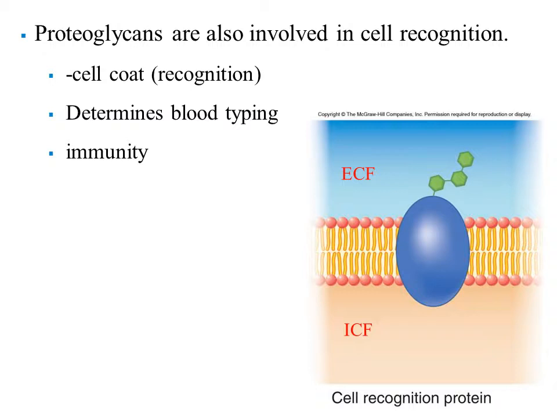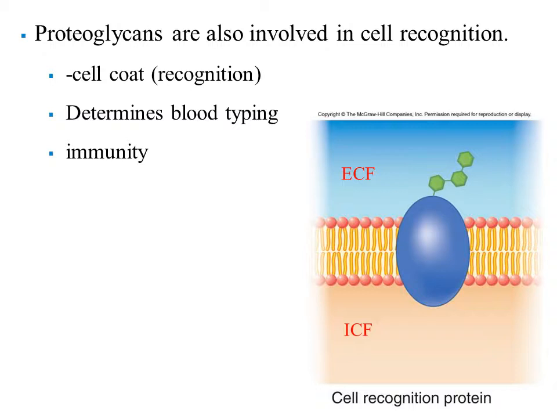So if we look at this image, we have that oval shaped blue circle thing that is embedded in our membrane. Attached to it are 3 hexagonal shaped sugars. So that is somebody's molecular fingerprint. A different patient might have 4 of those hexagonal green sugars. Another patient might have 2. Another patient might have 15. So every cell in their body has that same molecular fingerprint.